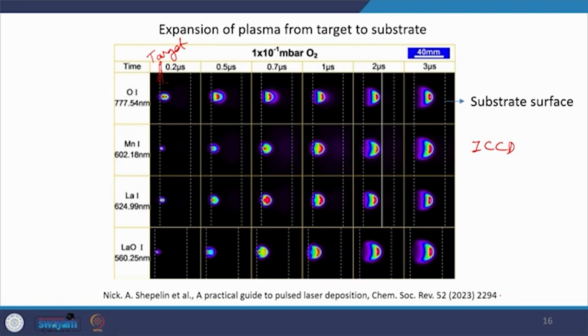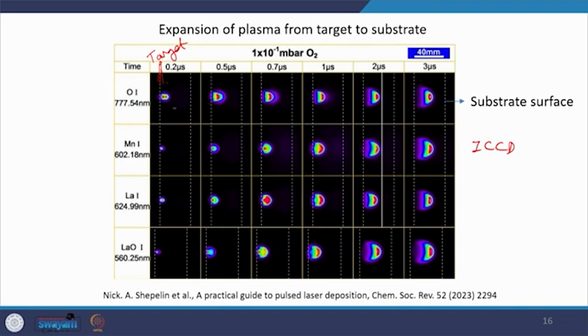And now you can use either a filter or a spectrometer, so that you can select the emission lines of different species, such as oxygen. If you want to deposit something like manganese oxide or lanthanum oxide, you would want to study this kind of plasma. So, you can select the line for oxygen, like 770.54 nanometer, with that spectrometer, and then you take the image.